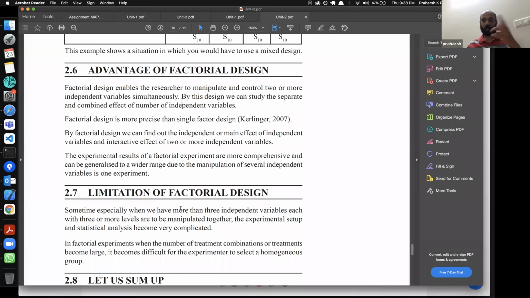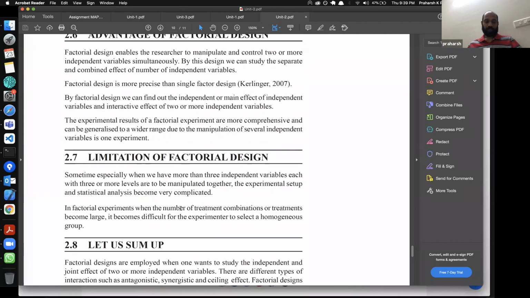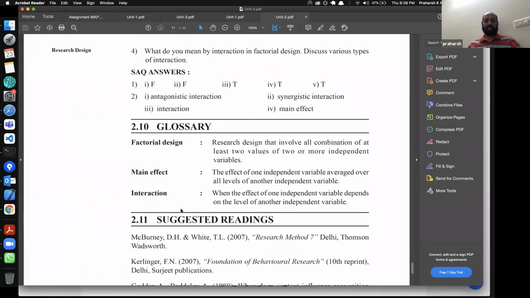Then you have to figure out who is good, who is bad, and so on. So many statistical combinations and permutations. In a factorial experiment, when the number of treatment combinations becomes large, it becomes difficult for the experimenter to select a homogeneous group. Easy to understand, hopefully. That covers the entire content.